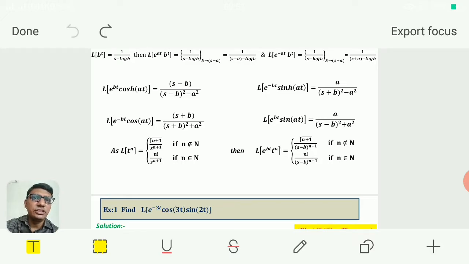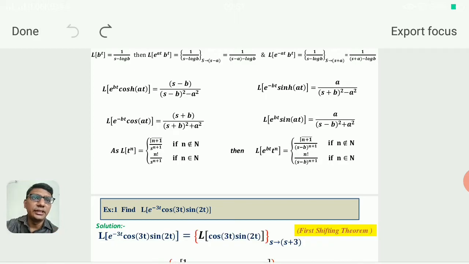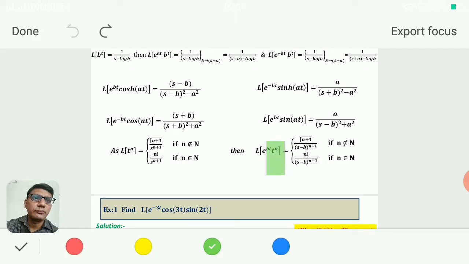If n is an integer, then it will be n factorial upon s raised to n plus 1. Now, if we multiply t raised to n with e raised to bt, then in the Laplace of t raised to n, s is replaced by s minus b.